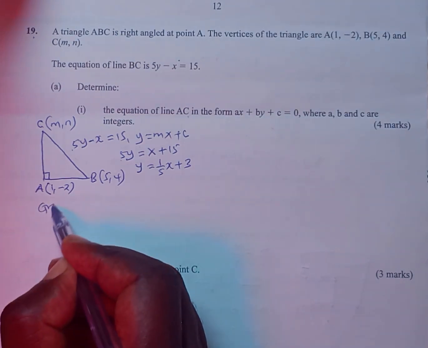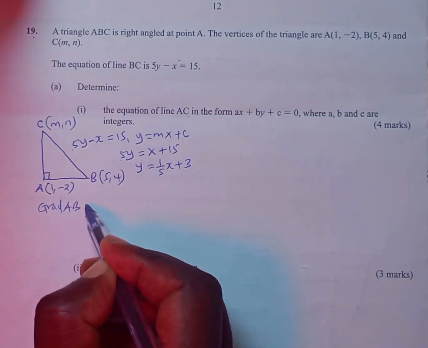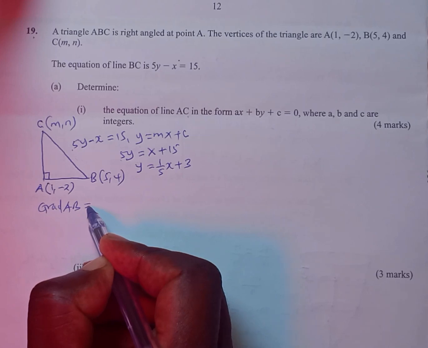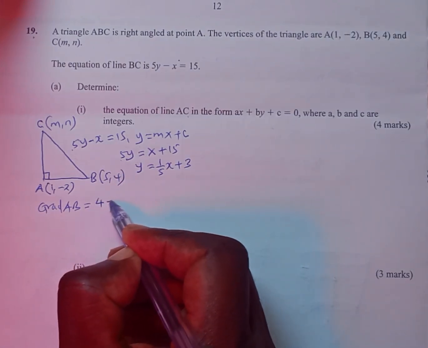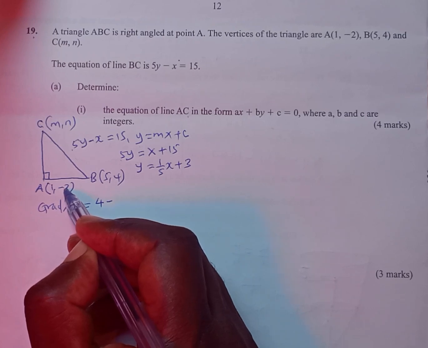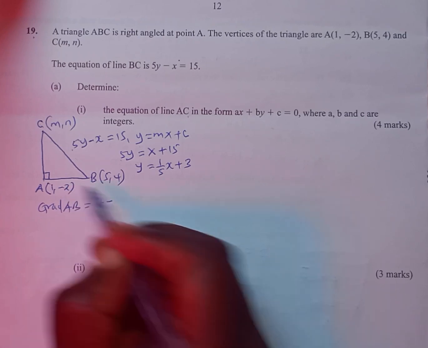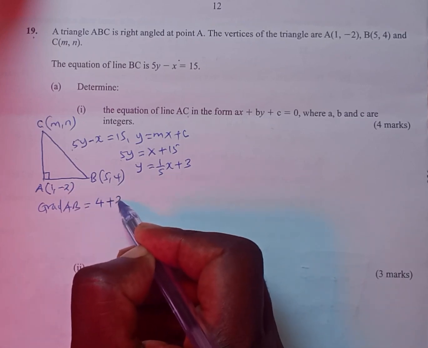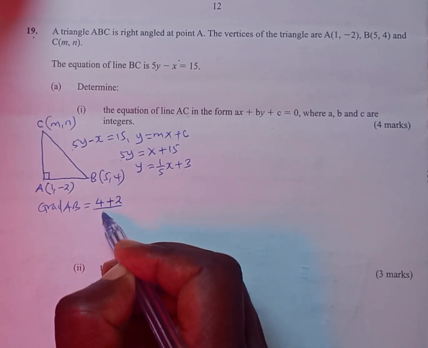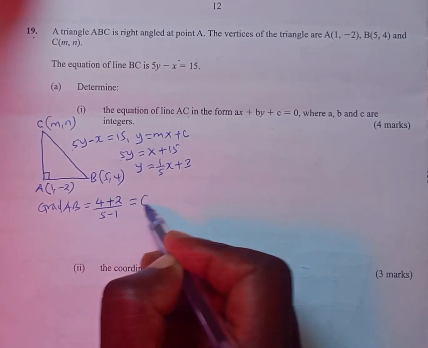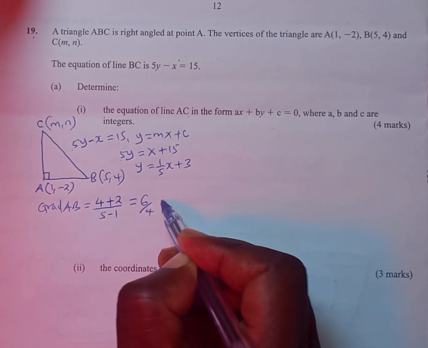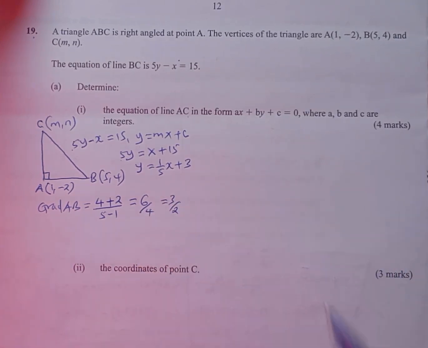So the gradient of AB, remember gradient is equal to change in y over change in x. So the value of y here is going to be 4 minus -2, which is y at point A, minus gives us plus, divided by 5 minus 1, and this one is going to give us 6 out of 4, translating to 3 out of 2.